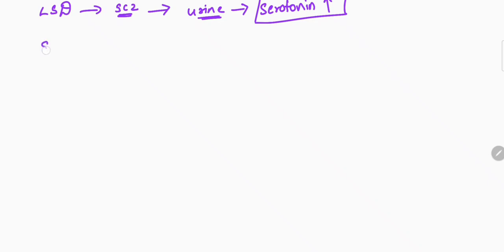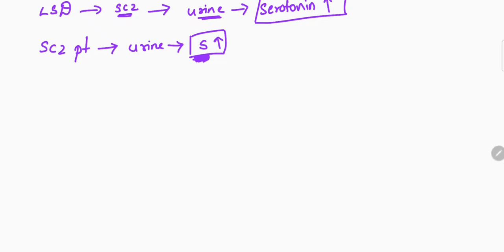Now, when a schizophrenic patient came to the ward, they checked his urine also, and they found the same thing, that is, serotonin levels have increased. So they made a new discovery that not just the dopamine levels, even serotonin levels were affected in schizophrenia. And that changed the way we treat the schizophrenic patient.